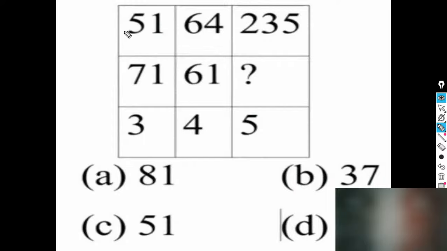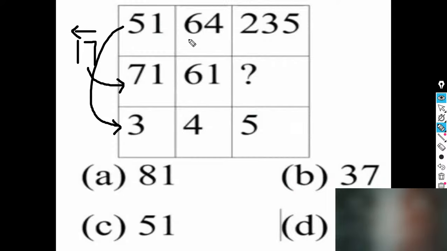Next you try to do it. 51 divided by 3. We know that 51 divided by 3 is 17, but we have 71 here. So it is exactly the reverse of 17, the reverse of digits.